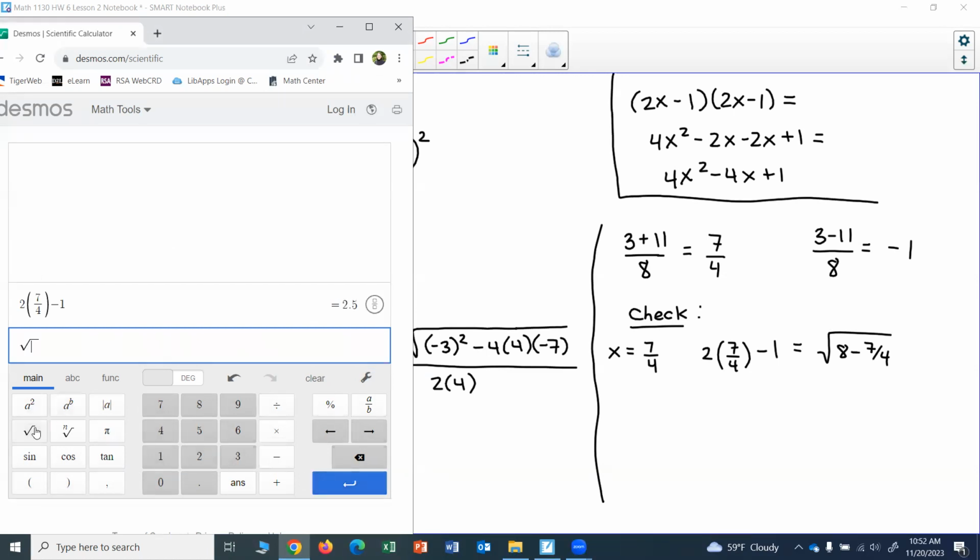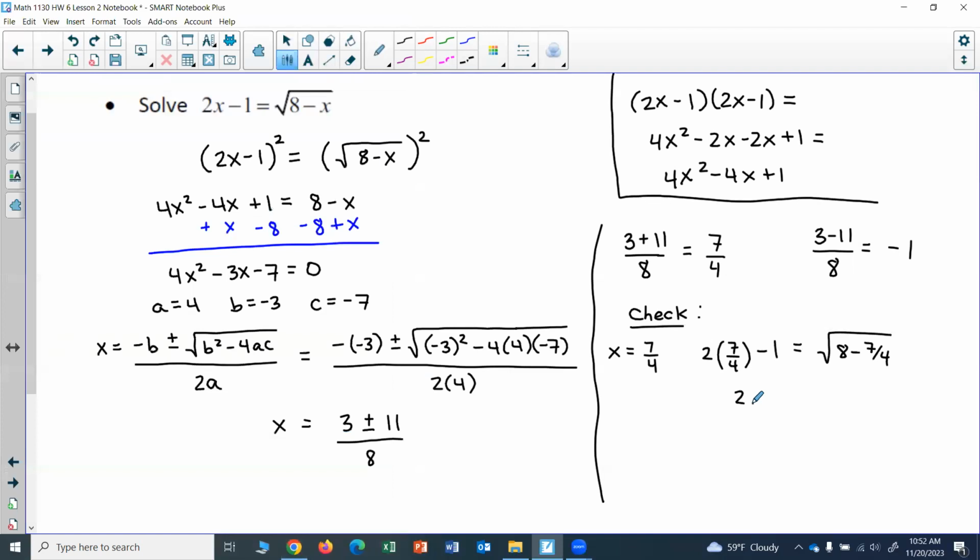On the right, I'll have the square root of 8 minus 7 divided by 4. 2.5 equals 2.5. So that checks out. This was 2.5, and the right-hand side was also 2.5. So I have an equivalency. So x equals 7/4 is good.